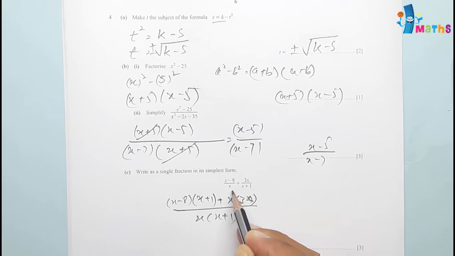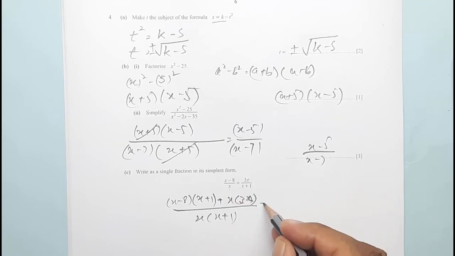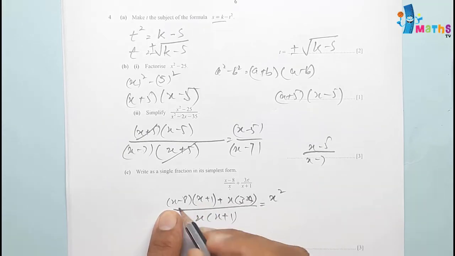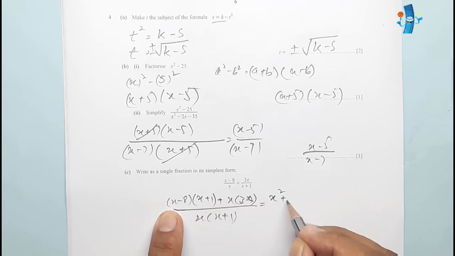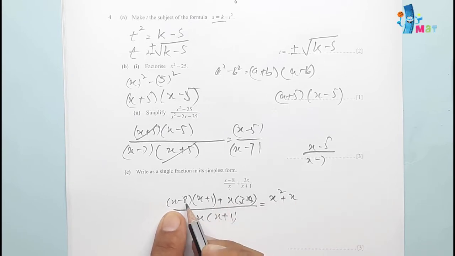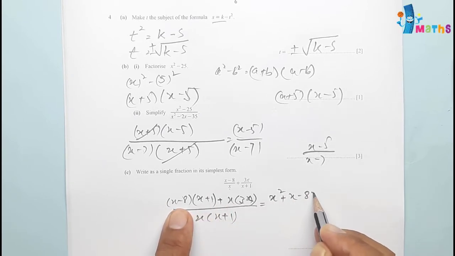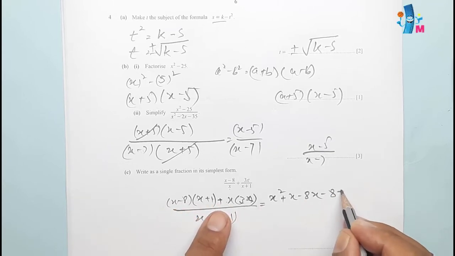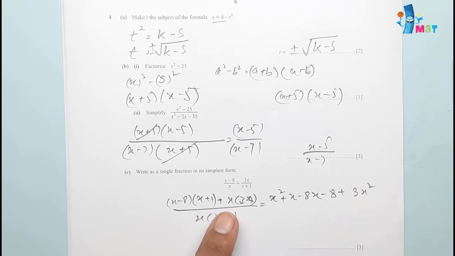Multiplying, this into this will be x squared, this into this will be plus x, this into this will be minus 8x, and this into this will be minus 8. Similarly, this will be plus 3x squared.